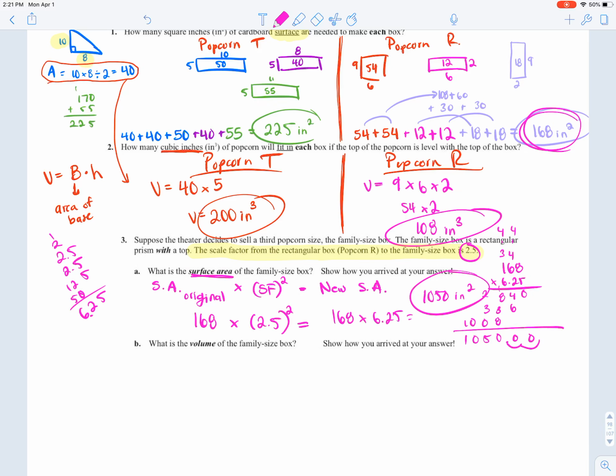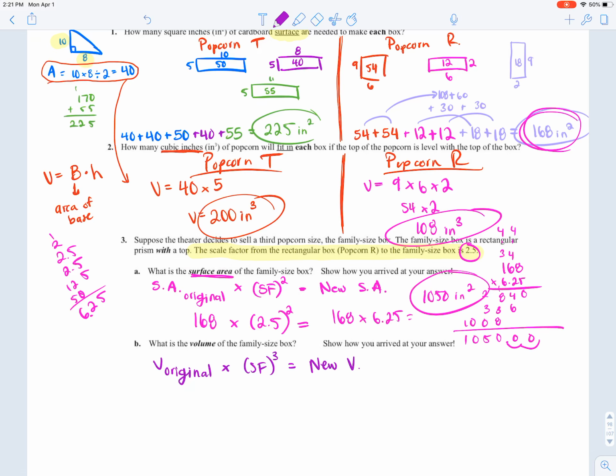All right, now we're going to do something similar, except with volume now. I'm going to switch colors here. So remember, our formula kind of looks the same, except only one thing is changing. So the volume of the original, if you multiply that by the scale factor a certain number of times, well, in this case, we're going to multiply it 3 times, you get your new volume.